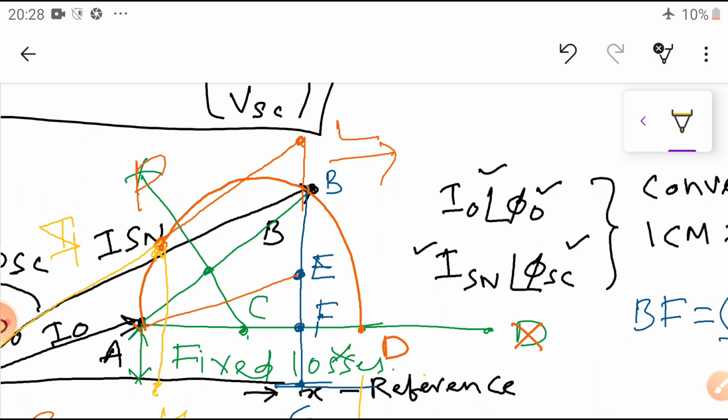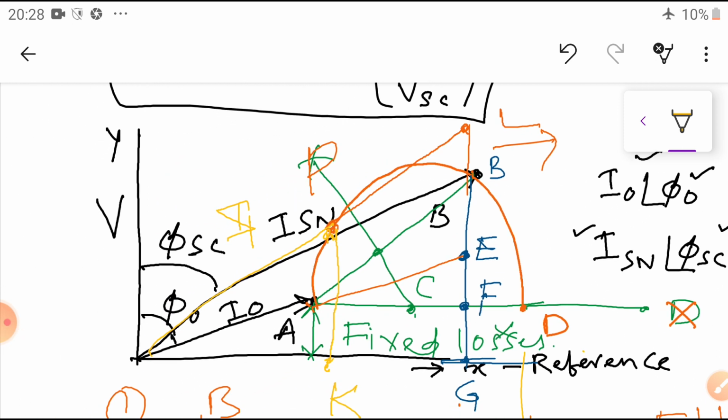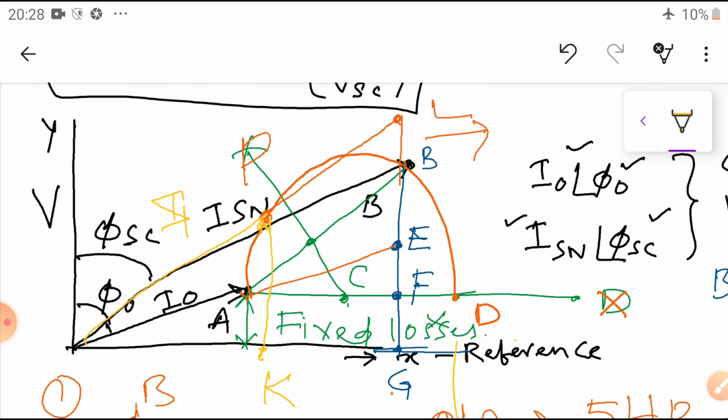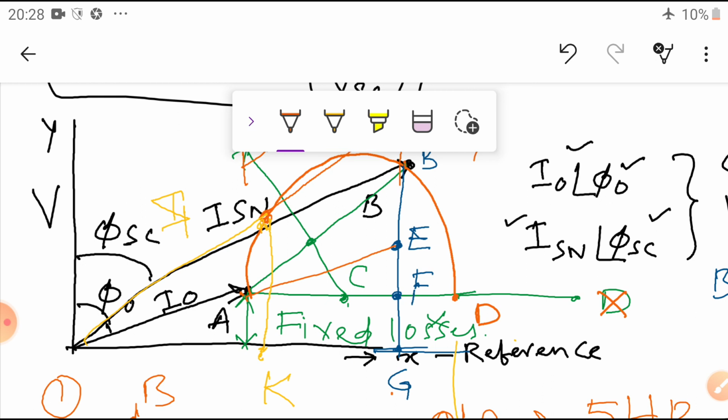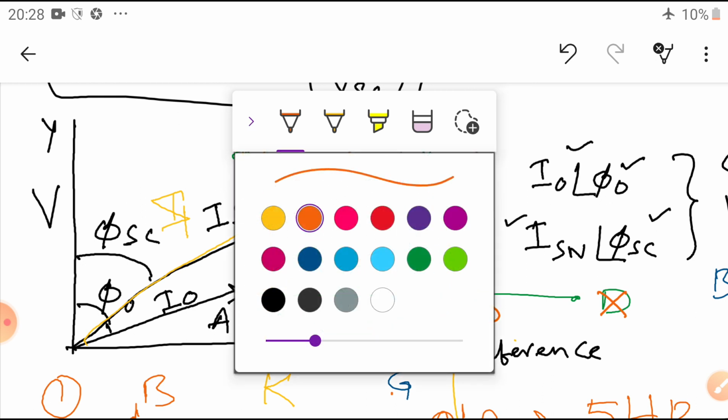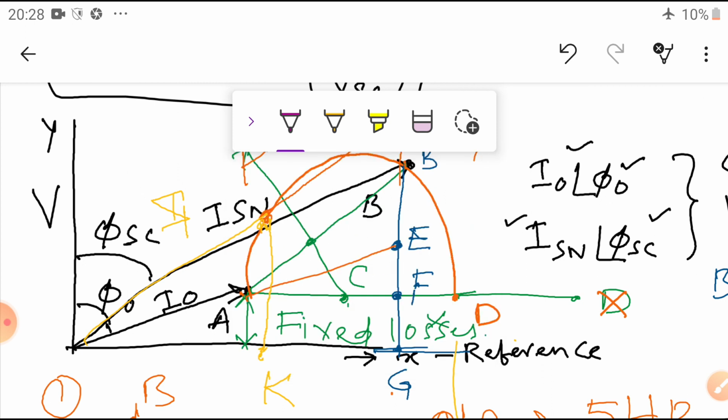Now you can observe here. Now you can see, from P, take the dark color, take the violet color. Now this is the P line, and this line taken from here is the I1 current at an angle of phi, the load current at that condition.